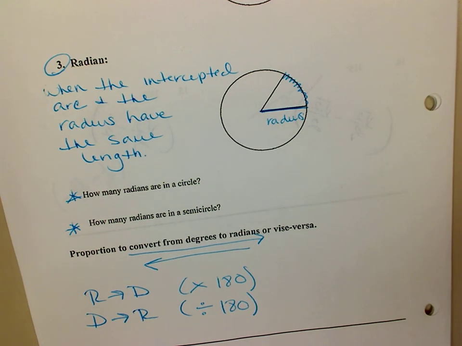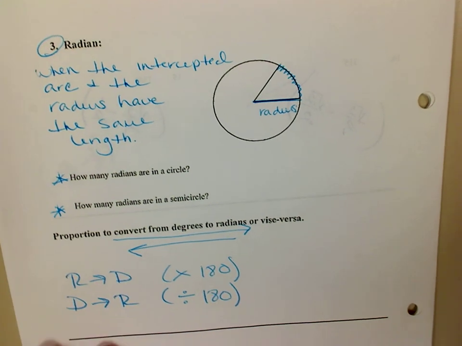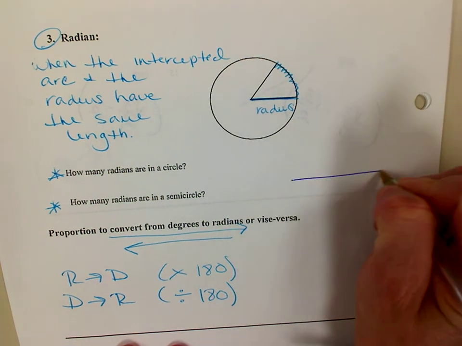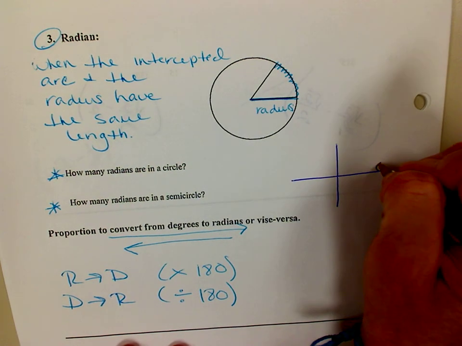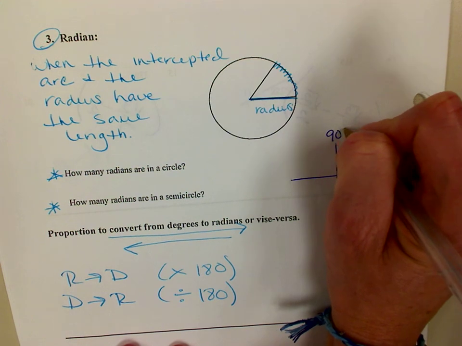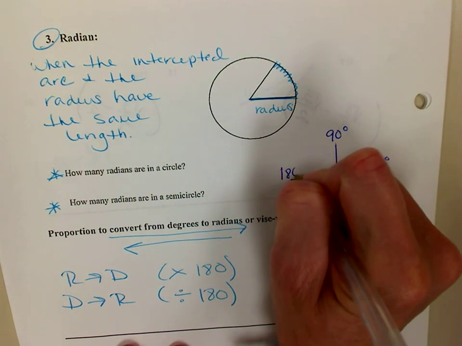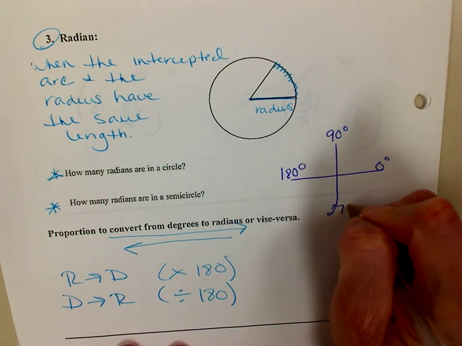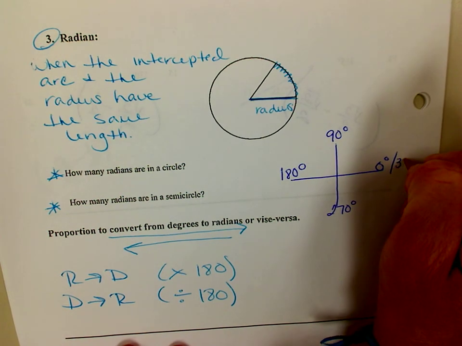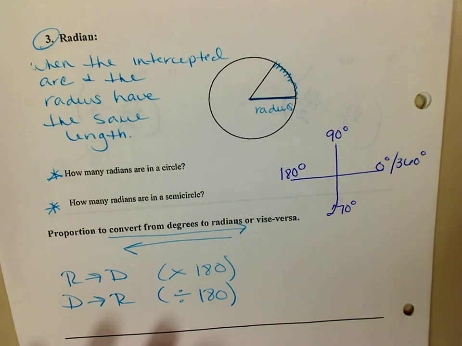So you will need your calculator. And I am going to write down just the 4 main degrees on the unit circle.